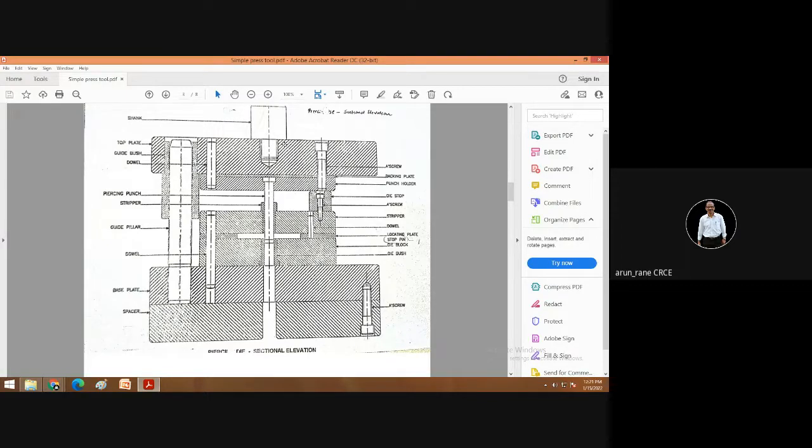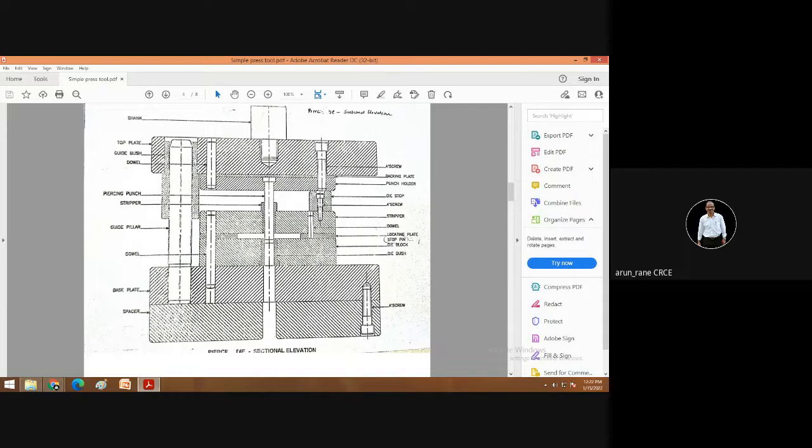What happens if, by some reason, the top half which is moving gets loosened and falls down? Then it is going to hit this surface and will get damaged. So that's why we put a die stop over here.